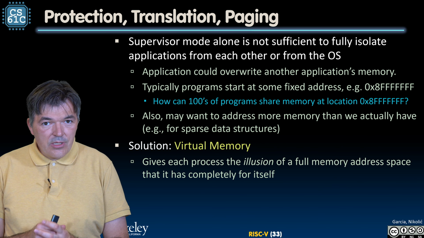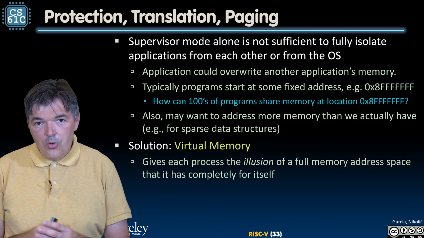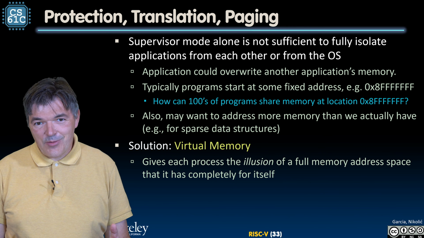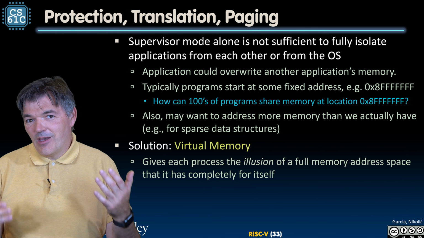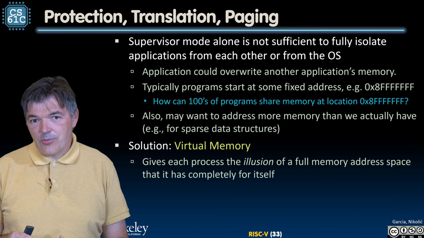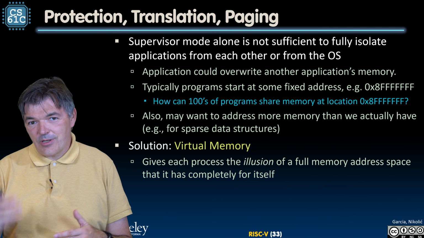So each program is going to think that it has all the memory available to itself, while all the other programs are going to think the same. How that happens is done through the hardware with support of software, and we're going to see that in a bit.